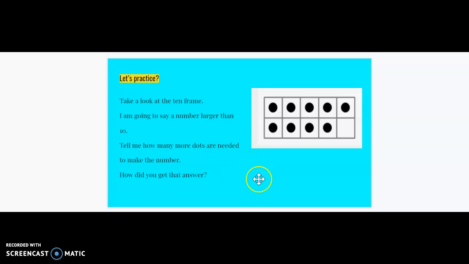Let's do 15. So how many more dots do you need to get 15? Yes, you're right. It is 6. Now, lean in. How did you get 6?